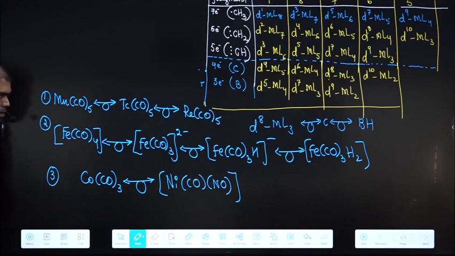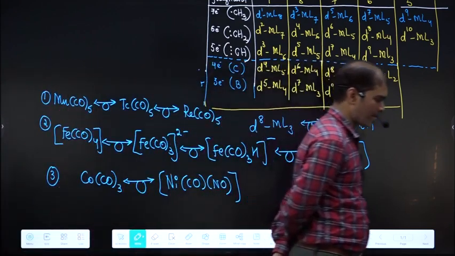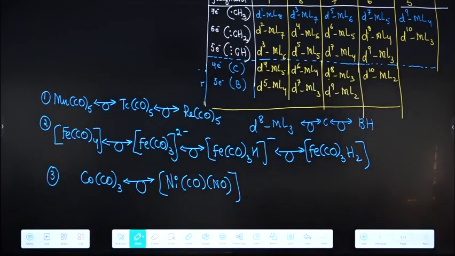Two charges or two hydrogens or a charge and a hydrogen, all such fragments are considered isolobal.